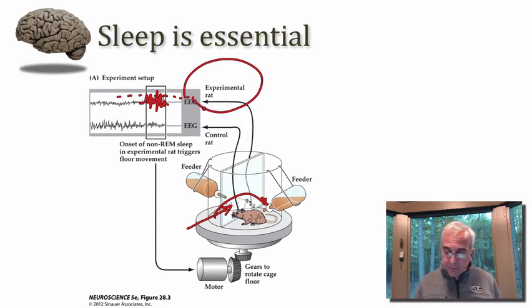Now this brown mouse over here, this animal can sleep while the white mouse is active and otherwise awake. So this brown mouse, even though he's confined within a small compartment, is going to do just fine. But the white mouse, on the other hand, is in for real trouble.